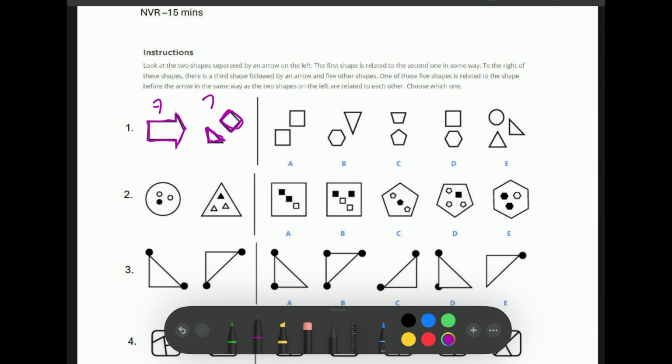So they're both 7-sided shapes. So here we've got 4 and 4, so that's 8, not that. 3 and 6, 9. 4 and 5 is 9. 4 and 6 is 10. 3 and 3 is 6, plus 1 is 7. So E is the answer. Remember, a circle is classed as a one-sided shape.